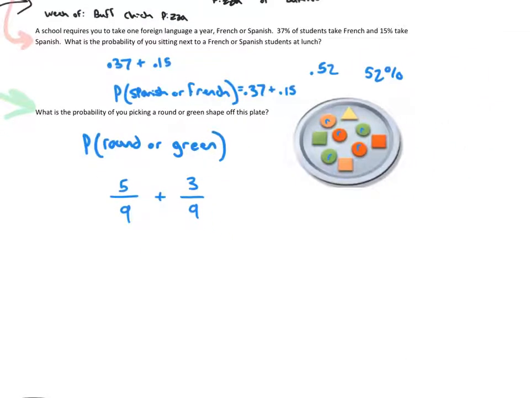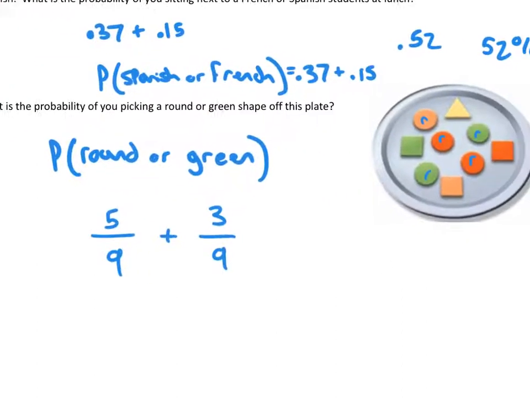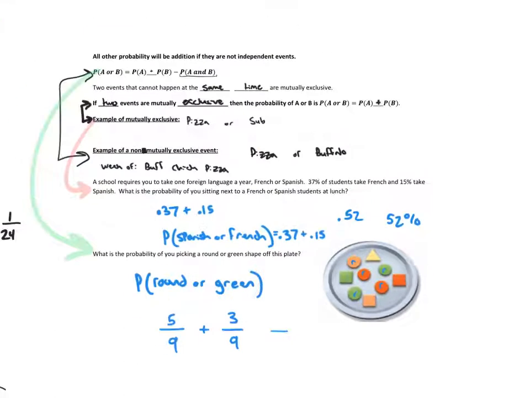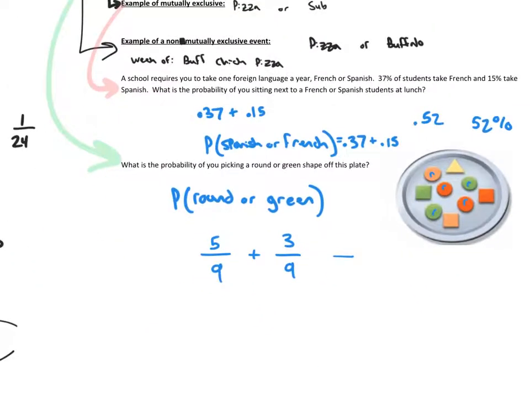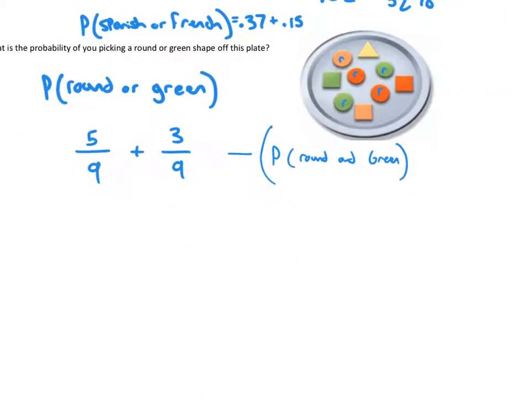But here's the issue. These aren't mutually exclusive. What that means is that there's a way to have something that's both round and green, and that's where this subtraction part comes in. Whenever you're looking for these odds, so if we're looking for a round or green, we're going to need to subtract the probability that something is round and green in order to make this all sort out.